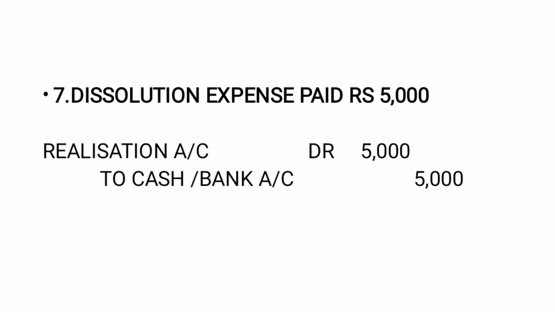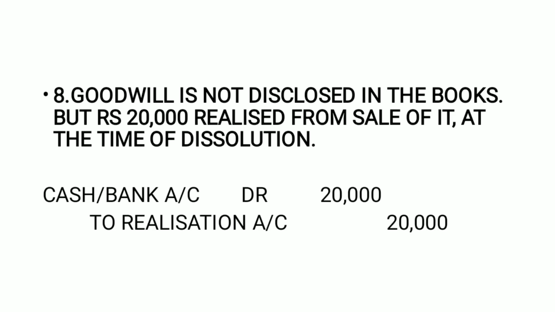Alright, the next transaction and the last transaction of this sum, it says goodwill is not disclosed in the books. Firstly, goodwill is an asset. This asset has not been disclosed in the books. So the very first thing that comes to my mind is that if it is not disclosed in the books, then it cannot be closed and transferred to realization account.